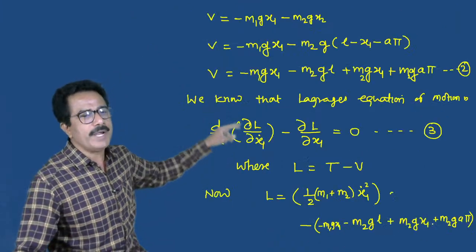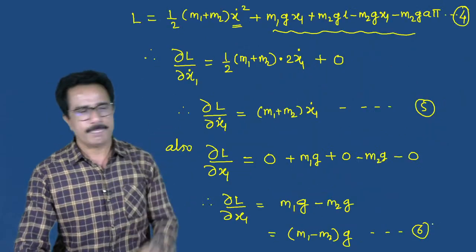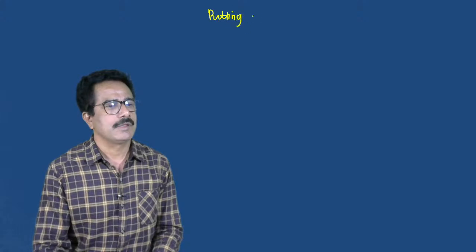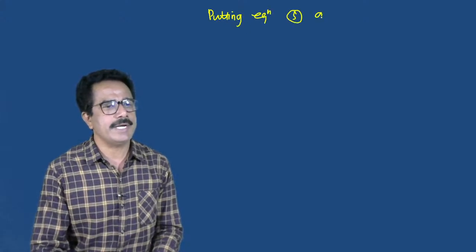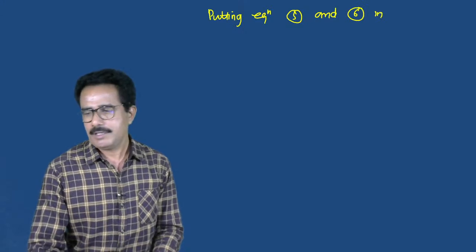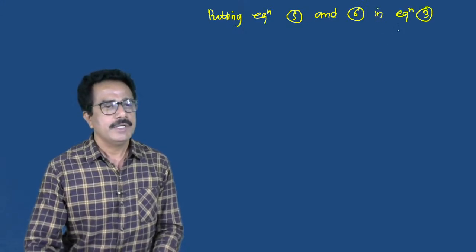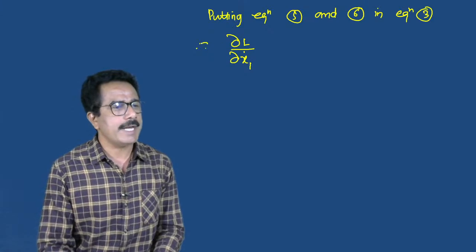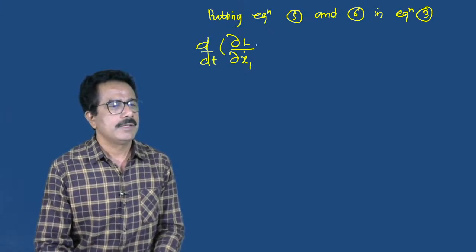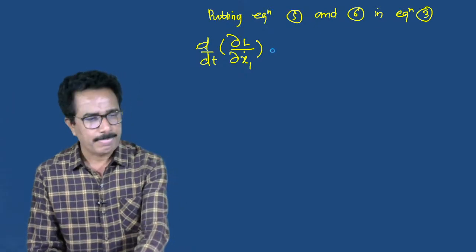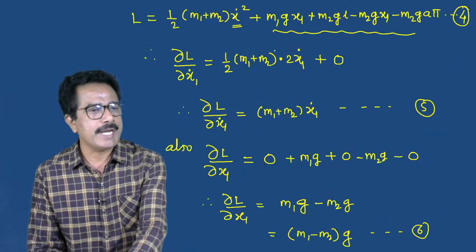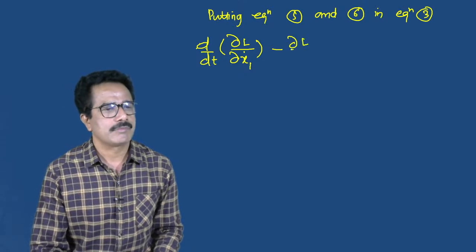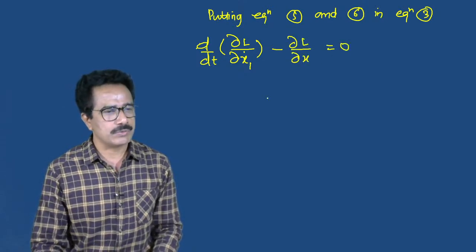Now put equations 5 and 6 in equation 3. So what is that 3? d by dt of dou L by dou x1 dot minus dou L by dou x1, which is equal to 0.